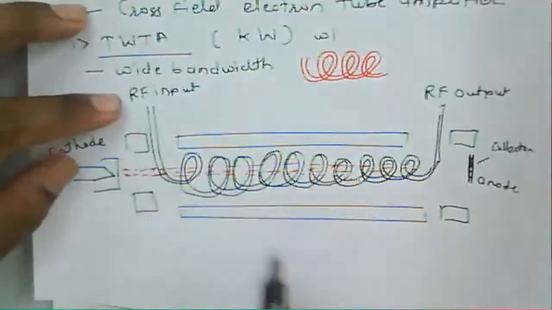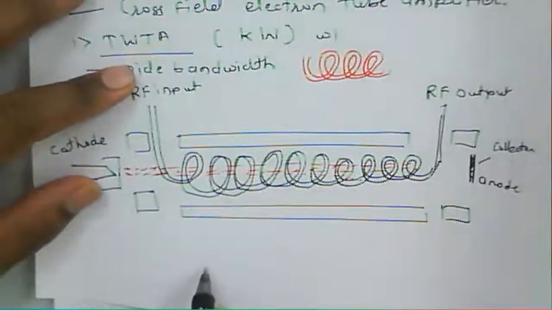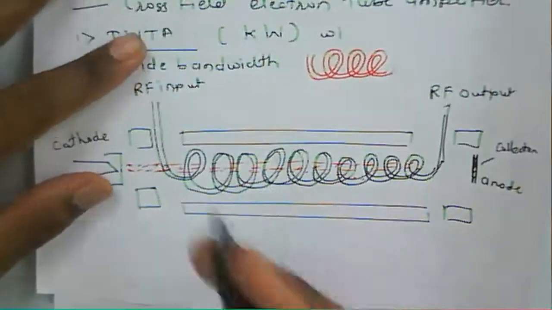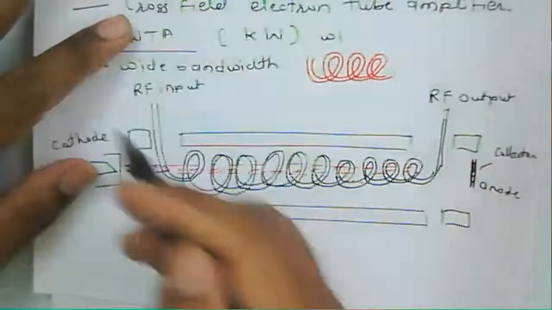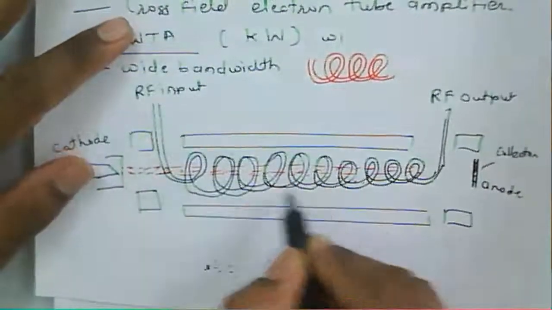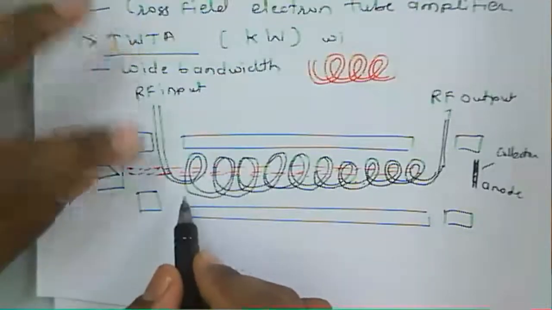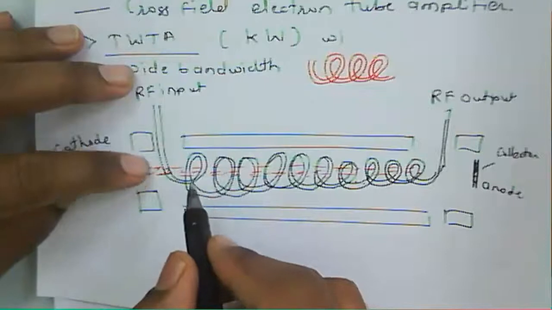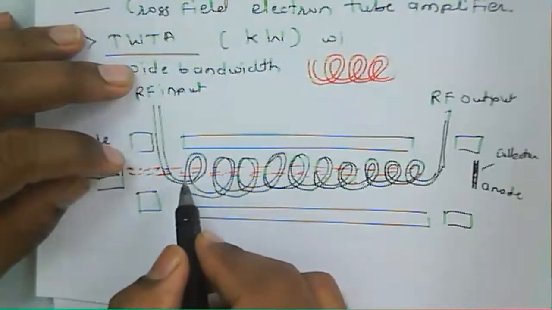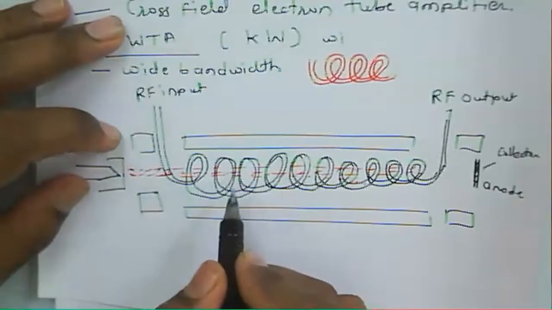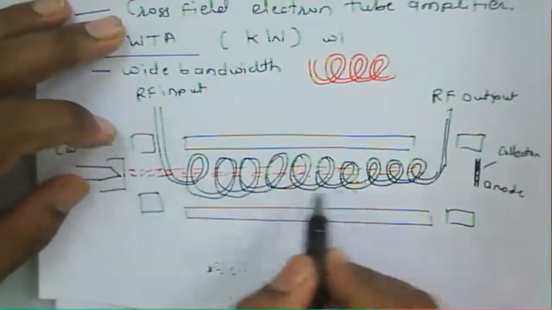In general, when an electron is emitted from the cathode it starts moving, and some electrons may go in any direction. To avoid that, we use a focusing magnet, which focuses the electrons into a beam that goes through this helical tube.